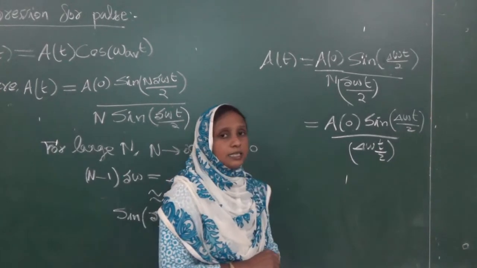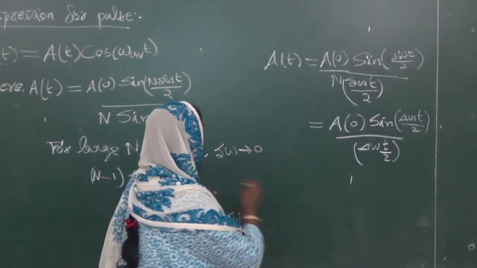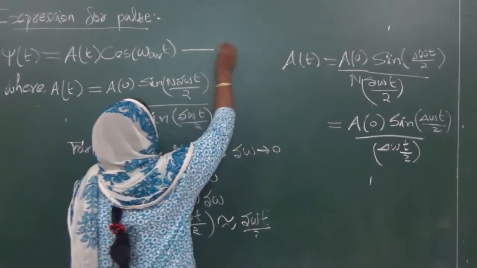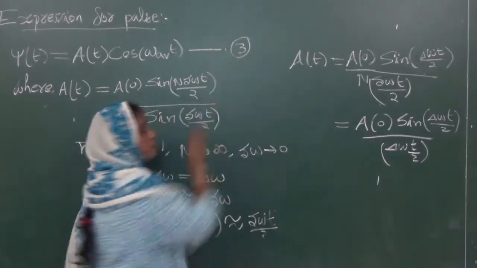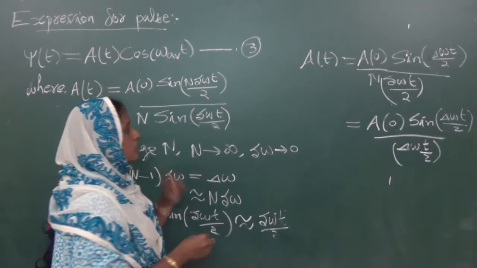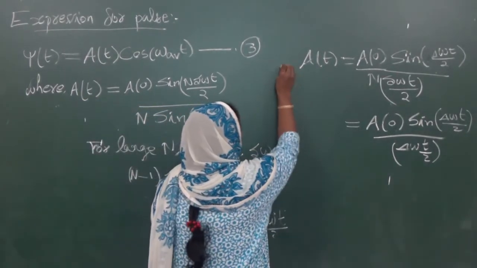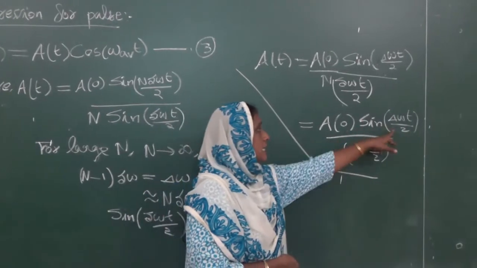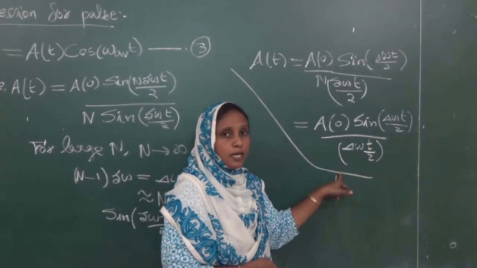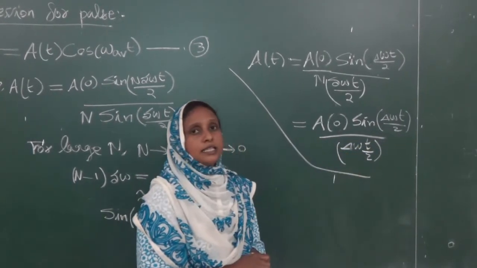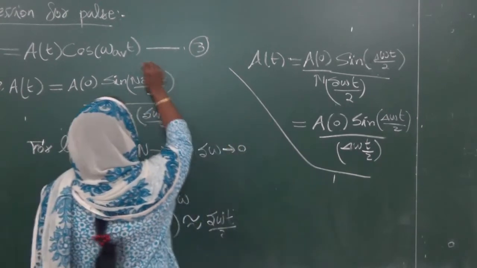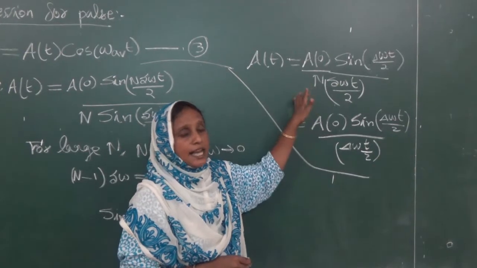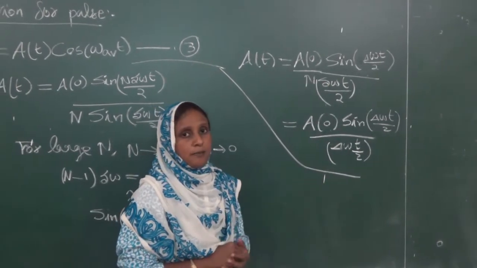So we get the expression for the pulse as an equation of this form. Suppose this is equation 3, with amplitude given by this expression, A of 0 sin(delta omega t by 2) by delta omega t by 2. Together this equation represents the mathematical expression for a pulse.